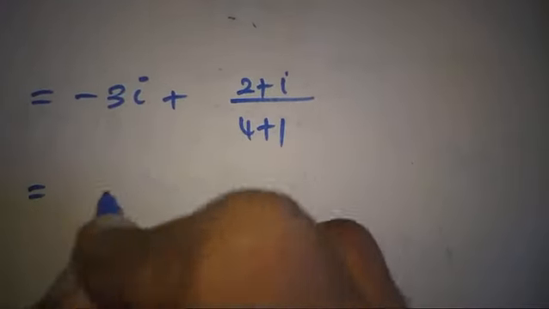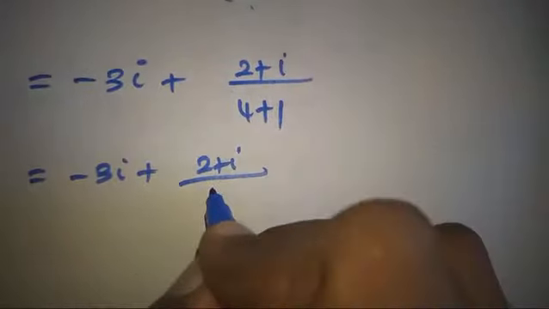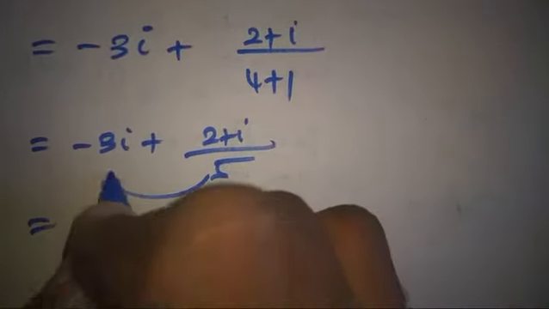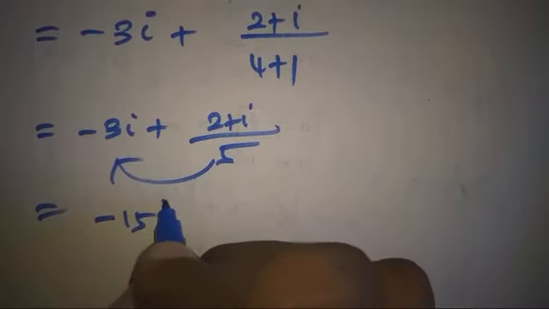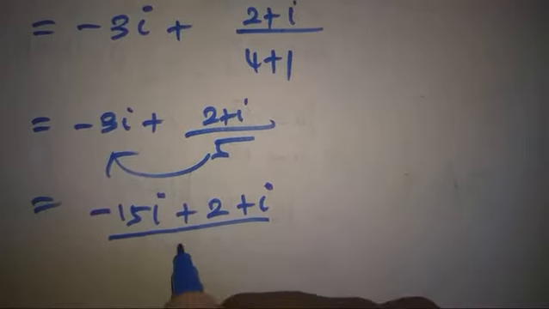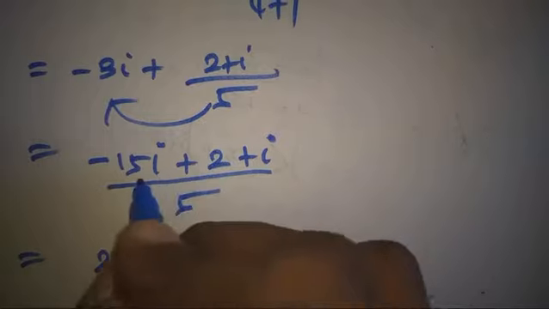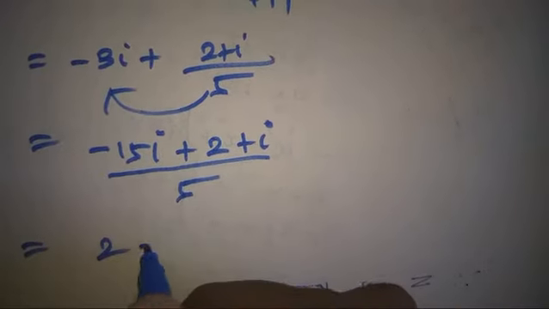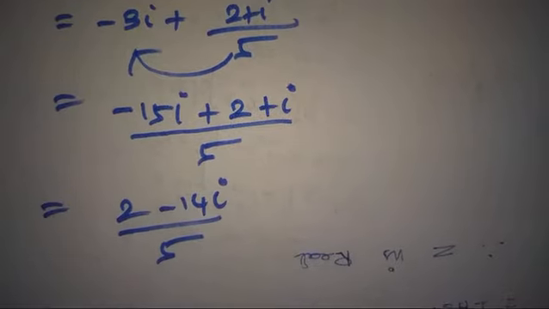And the next step, minus 3i plus 2 plus i by 4 plus 1, which is 5. So it's just cross multiplying in the denominator: minus 15i plus 2 plus i, the overall divided by 5, and the real part is 2, minus 15i plus i is minus 14i, by 5, right.